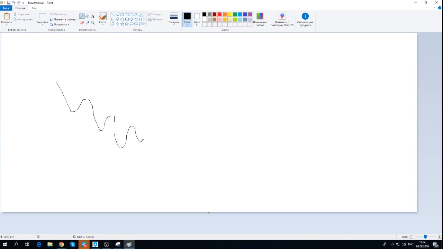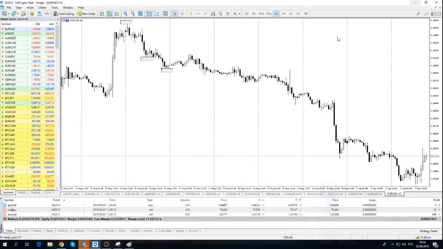Those are waves, maximums and minimums, I mean. Here is not a good minimum, a little bit up, a little bit down, a little bit up, a little bit down.